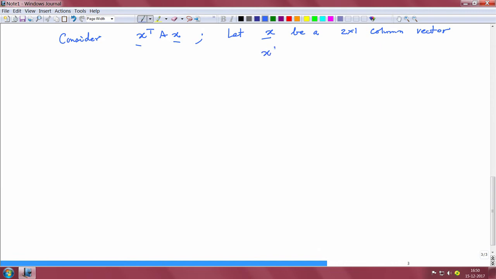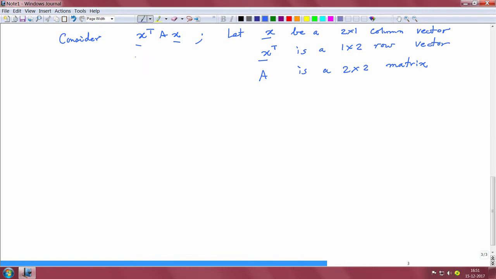Now x transpose is a 1 by 2 row vector and A is our 2 by 2 matrix like in the last example. So again this is a scalar, x transpose Ax is a scalar, like possibly think about x transpose x is a scalar. I mean if you just multiply, instead of x transpose x I have x transpose Ax, and this is a scalar.